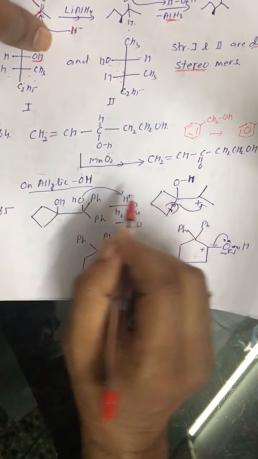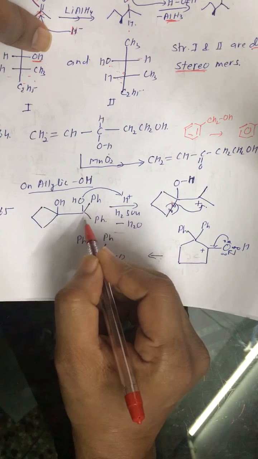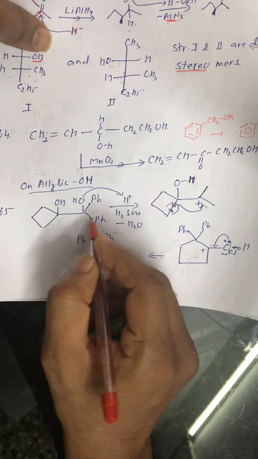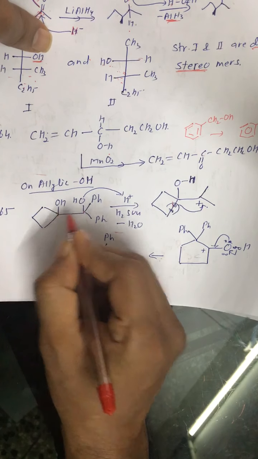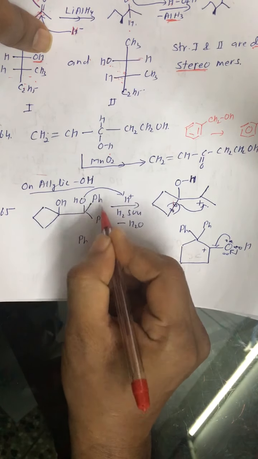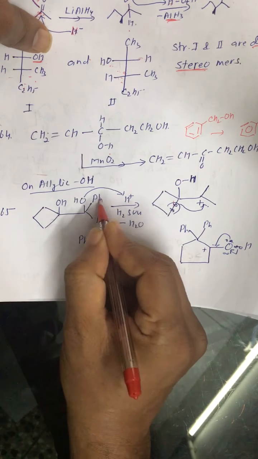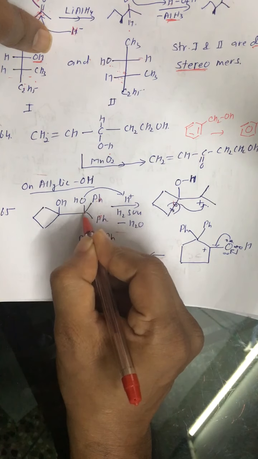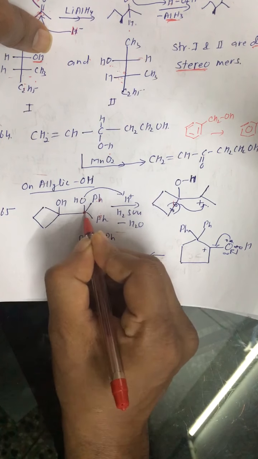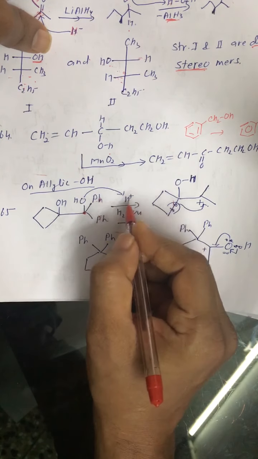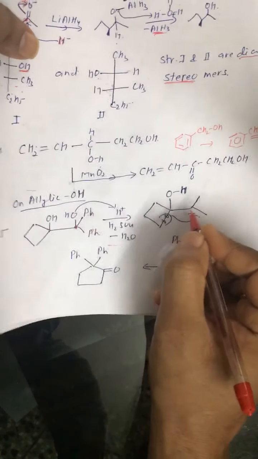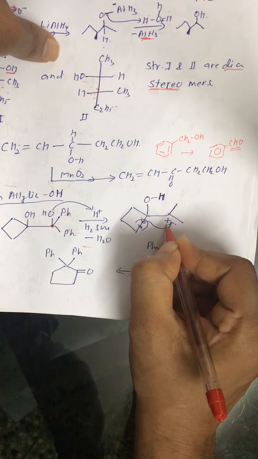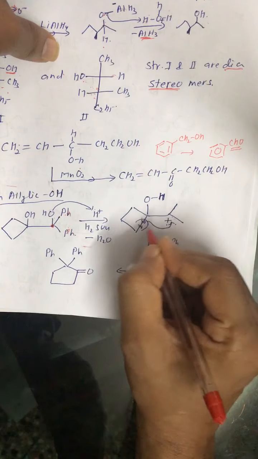See, the point is first you have to decide which carbocation you should produce, whether this carbocation or this one. So try to compare. It is attached to two phenyl groups. Obviously, these two phenyl groups show plus M effect, and they will greatly stabilize this carbocation. So the first step is to remove this OH as H2O and create a positive charge. First step, and then migration, shifting.